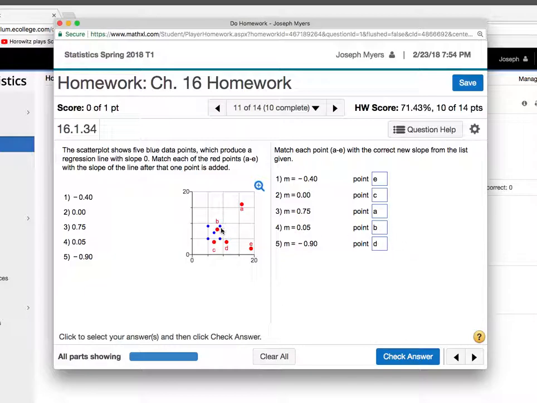It's really hard to tell. Which would be steeper if you graphed through point D or point E?